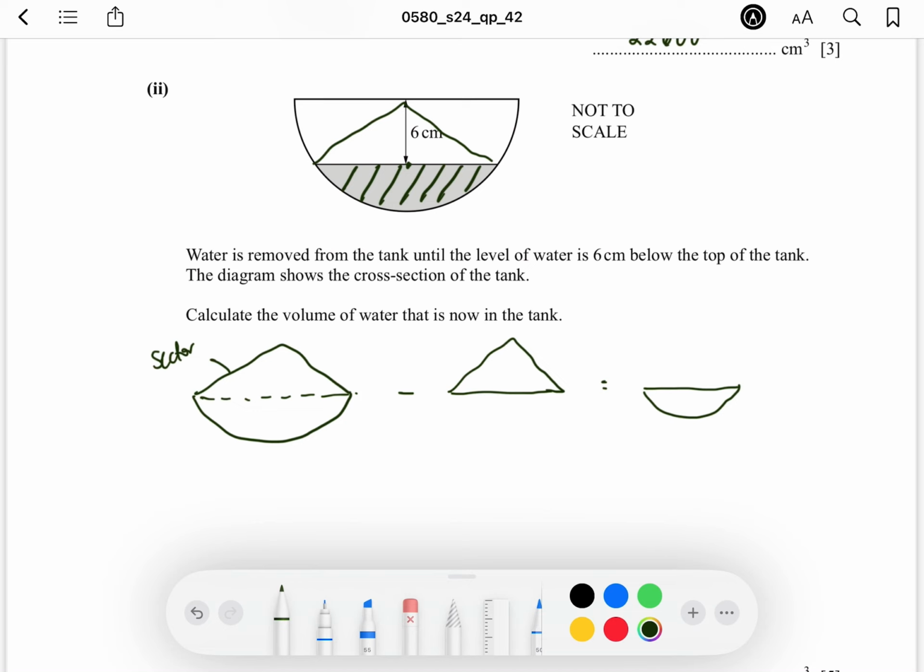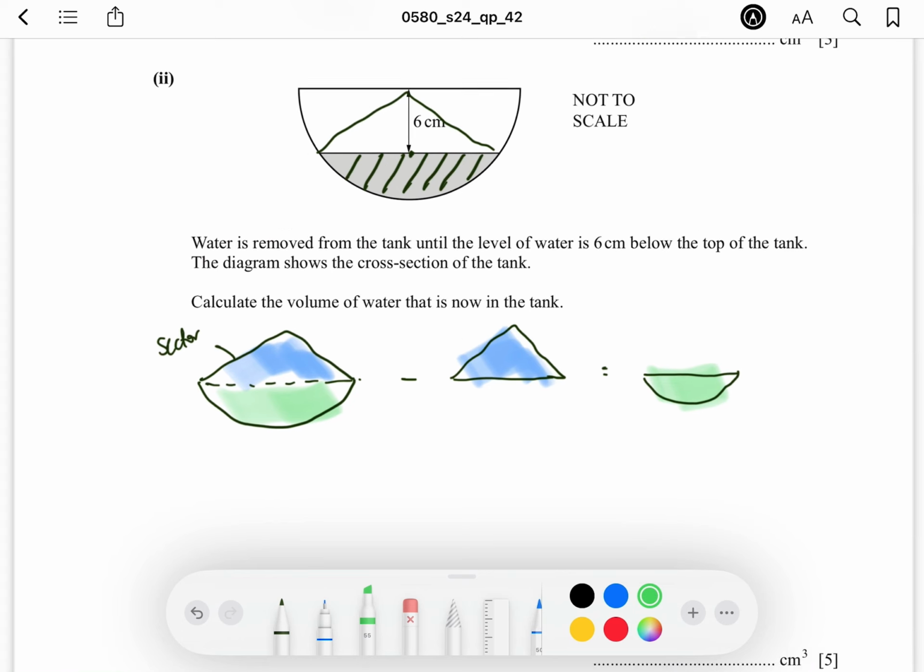So the whole thing minus the triangle. Maybe I can shade it. Take away this triangle, and what remains is this part.